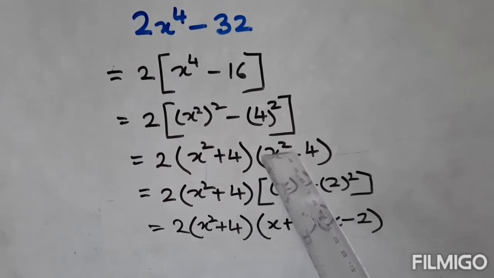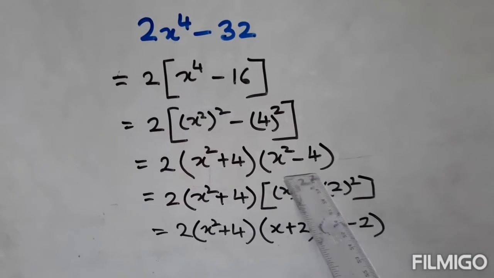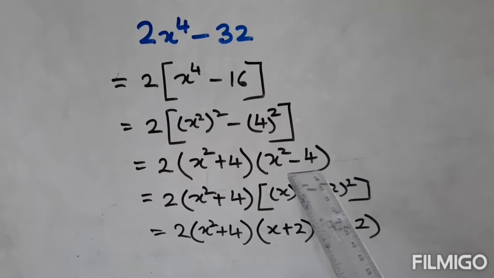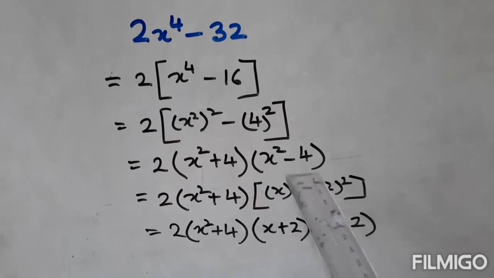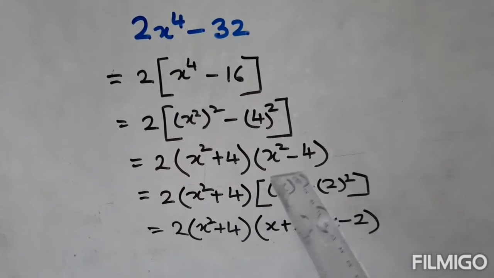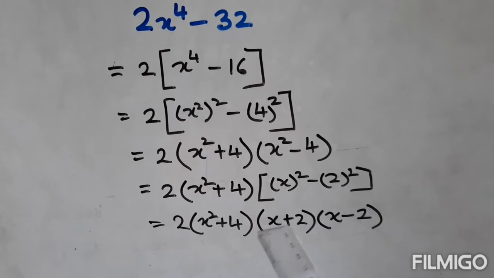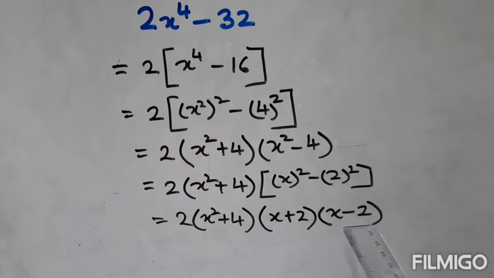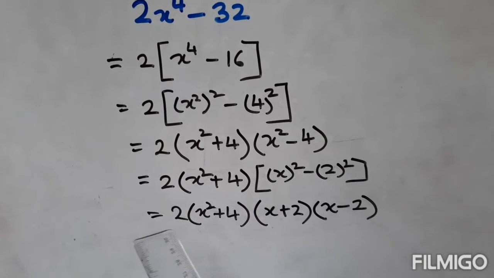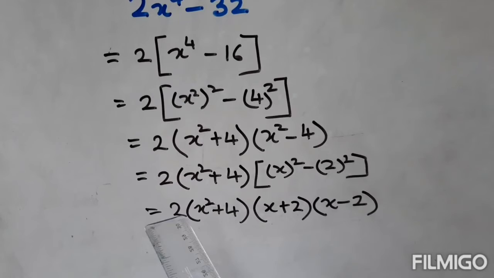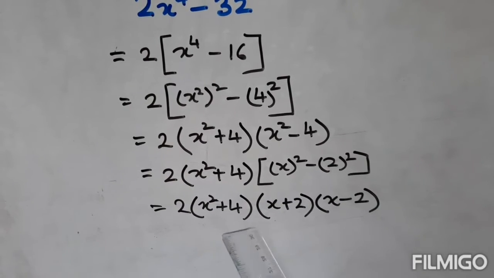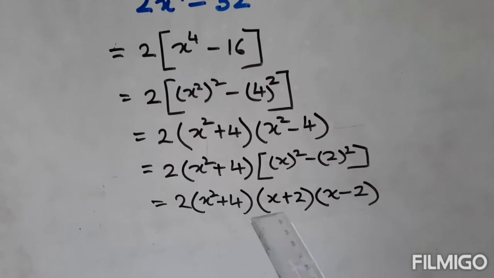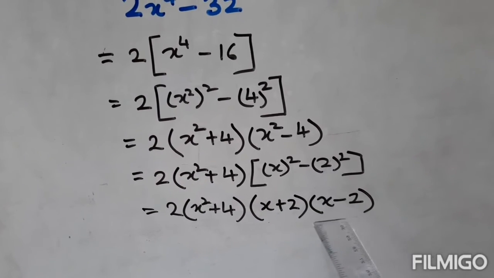Again we see that x square minus 4 is a square minus b square. So we express it as difference of two squares again, that is x plus 2 into x minus 2. So the answer is 2 into x square plus 4 into x plus 2 into x minus 2.